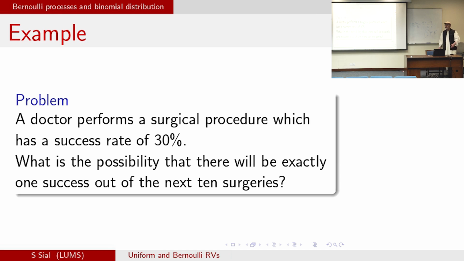There are two possibilities, a success or a failure. And the success rate is 30%, so you're assuming that the probability of a success is not changing from surgery to surgery. So that sounds like we can use our binomial random variable. So what is the probability of exactly one success out of 10 surgeries?